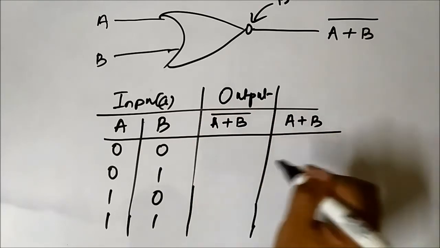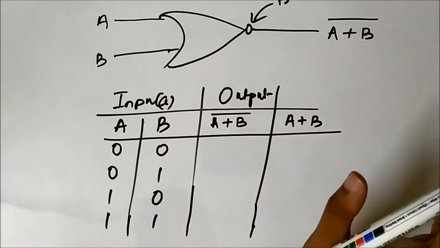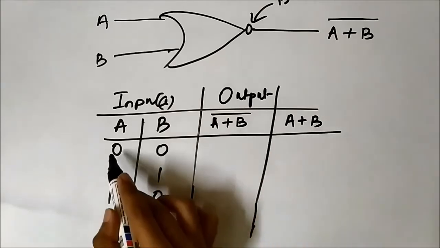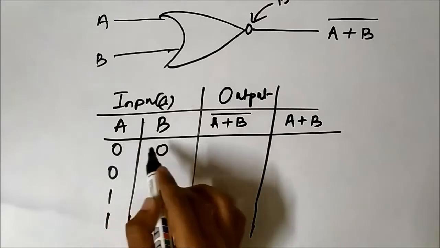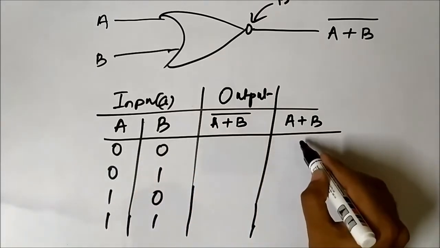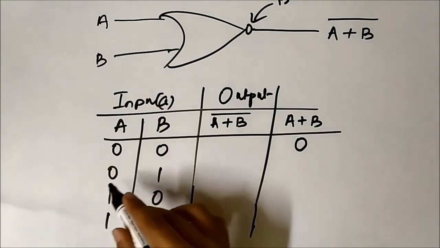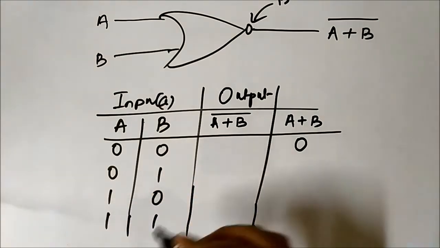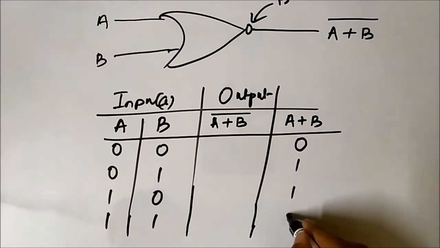So the output of the OR gate is low only when both the inputs are low, otherwise it is always high. So only in the first case both the inputs are low, that is 0. Only in this case the output will be 0, and in the three remaining cases, the output will be high or logic 1.